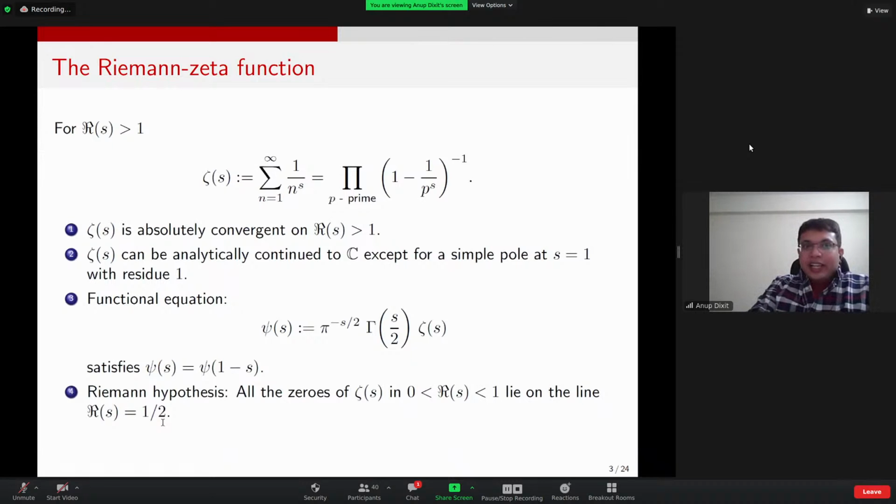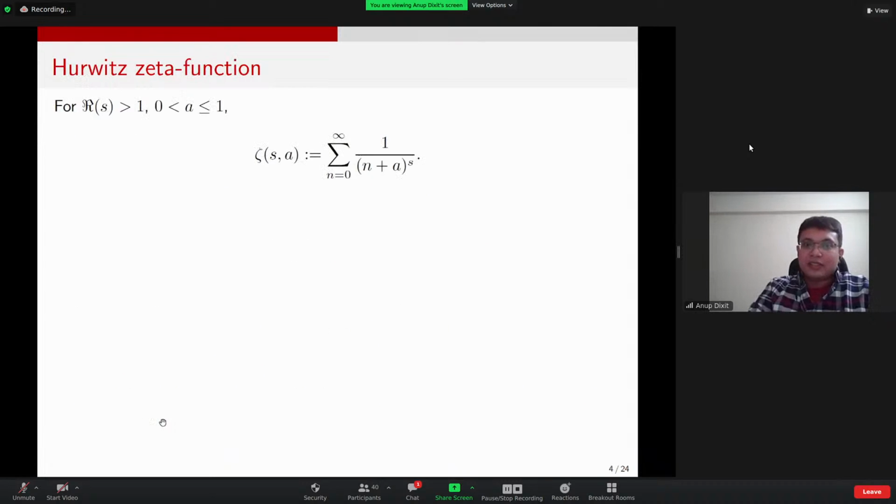In order to realize that, let's consider a function which is similar in definition to the Riemann zeta function, namely the Hurwitz zeta function. The Hurwitz zeta function is defined by this particular series, summation n equals 0 to infinity of 1 over (n plus a) to the s, where a is greater than 0 and less than or equal to 1. This series is absolutely convergent for real part of s greater than 1.